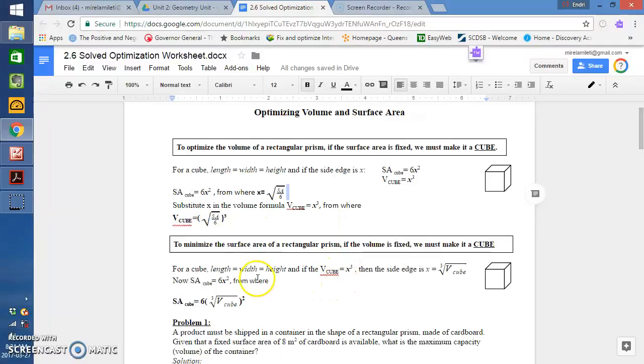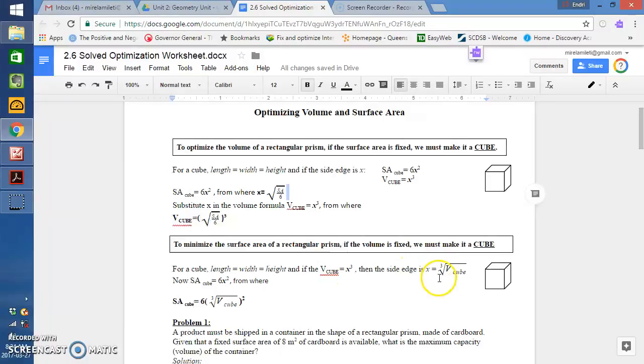Now, on this other example, the volume is fixed. We do have the volume, and we need to figure out what is the minimum surface area of that rectangular prism. Again, we know that we must make that prism a cube. Again, knowing that the length, width, and height are the same for the cube, we can figure out what are the dimensions of this cube.